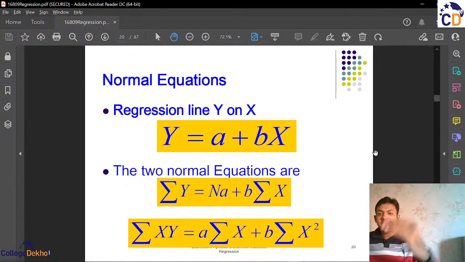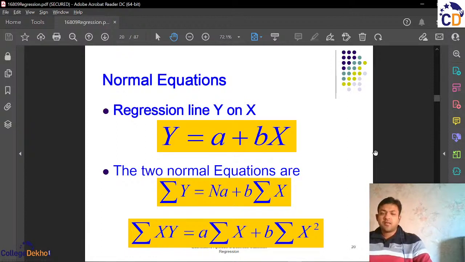So basically when we take a summation on both sides of the equation, y becomes summation y, a becomes na, and x becomes summation x. So my entire equation becomes summation y equal to na plus b times summation x.